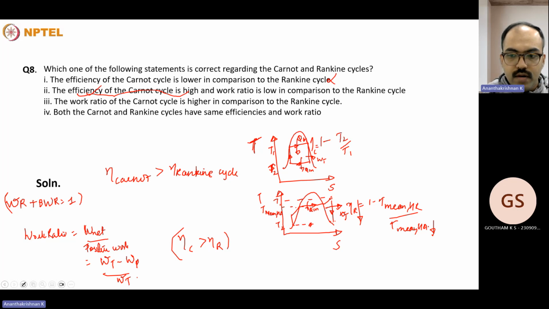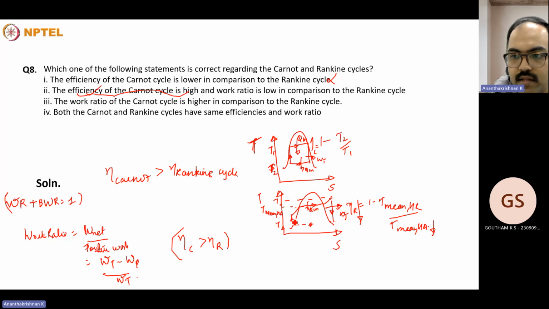So that will be 1 minus WP divided by WT. If the work ratio is low, that means that WP will be high or WT will be low, for the Carnot cycle. As you could see, this allows for a pump to operate in the case of a Carnot cycle, in order to go between these two points.